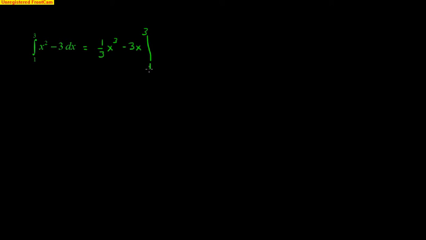And it's always top one minus the bottom one. So when I do this, I'll have 1/3 times 3 cubed minus 3 times 3, and this whole thing minus the bottom. So I plug in 1, so I'll have 1/3 times 1 cubed minus 3 times 1.